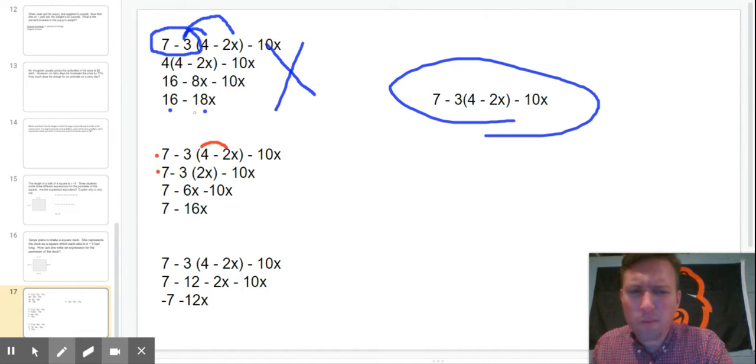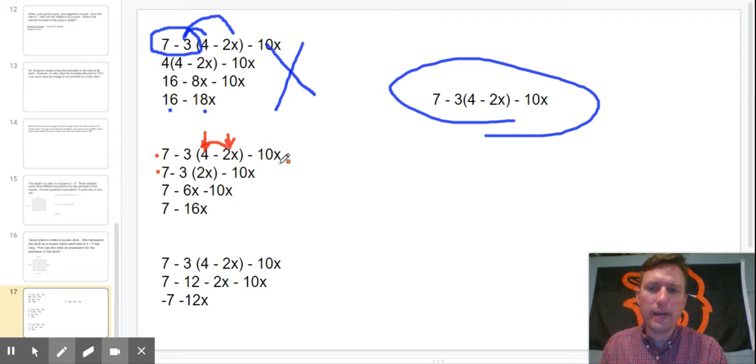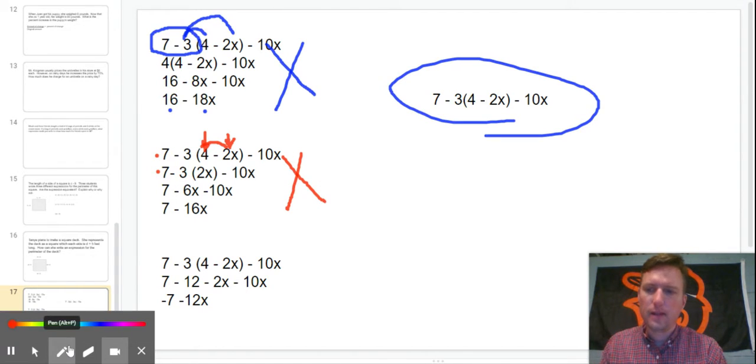But what's the problem with that? Well, I can't subtract 4 minus 2x because the 4 is a constant term and this 2x is a variable term. So you can't subtract one away from the other. Okay, so right off the bat, because they subtracted a constant term and a variable term, this would be wrong.